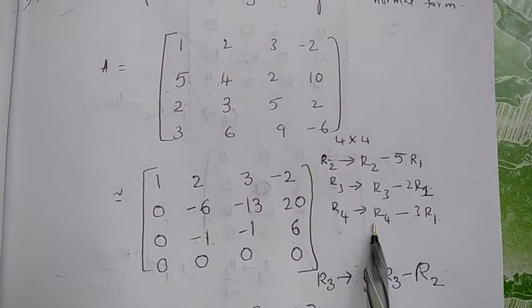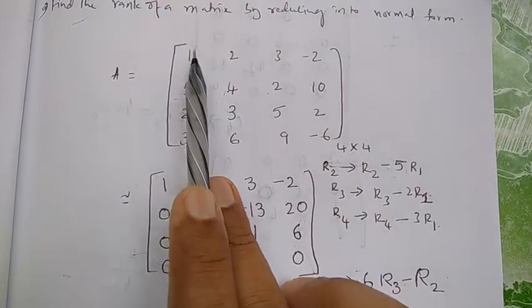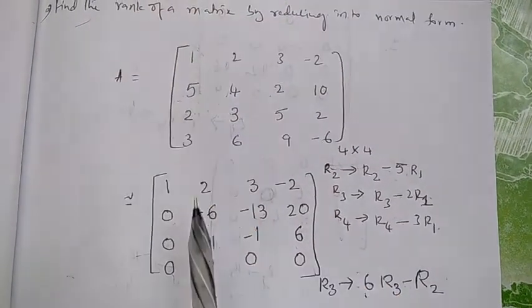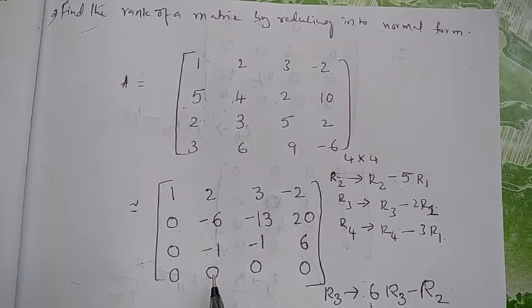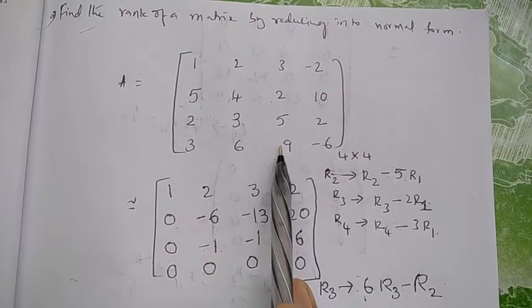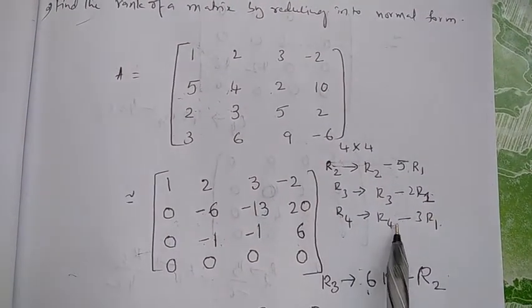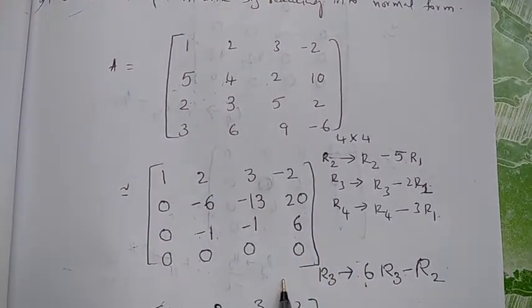Now next R4 changes to R4 minus 3R1. 3 minus 3 into 1 is 0. Now 6 minus 3 into 2 is 0. Now 9 minus 3 into 3 is 0. Now minus 6 minus 3 into minus 2 is plus 6, minus 6 plus 6 is 0.